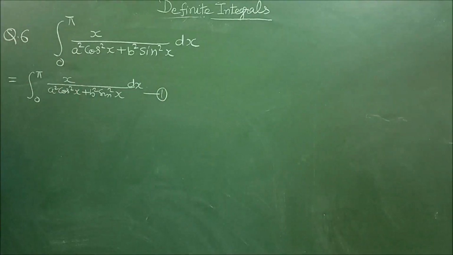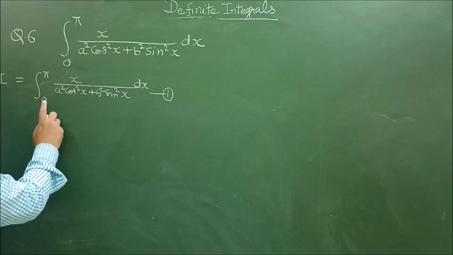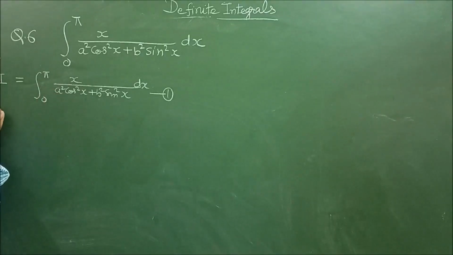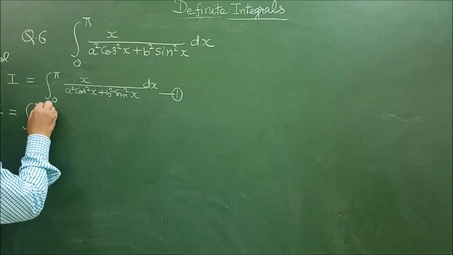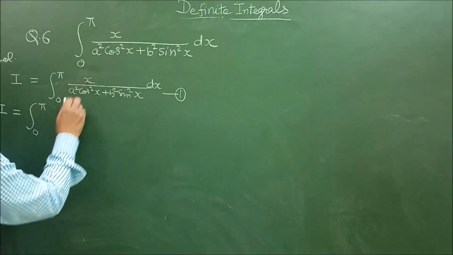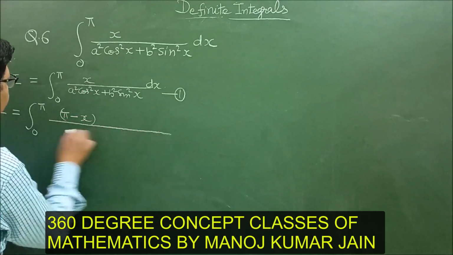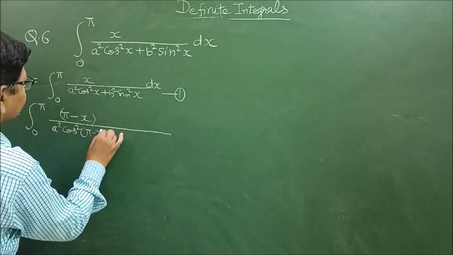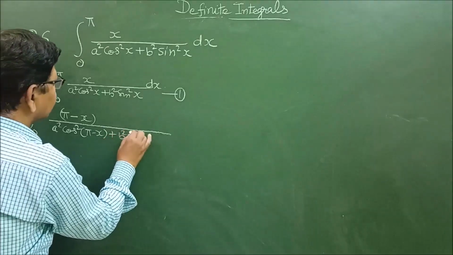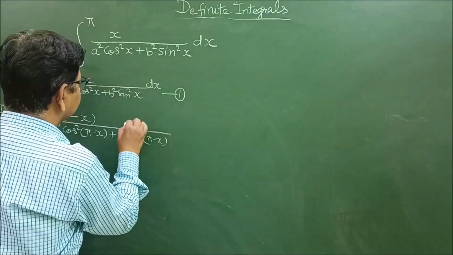Now using the property integral 0 to a f(x) dx is also equal to integral 0 to a f(a minus x) dx, this I is equal to the integral from 0 to pi, replacing x by pi minus x, of pi minus x upon a square cos square (pi minus x) plus b square sin square (pi minus x) dx.